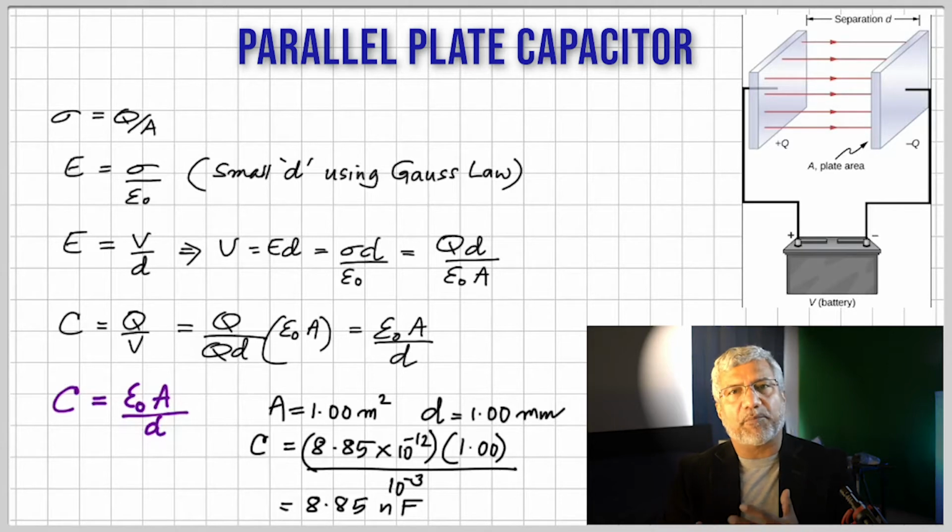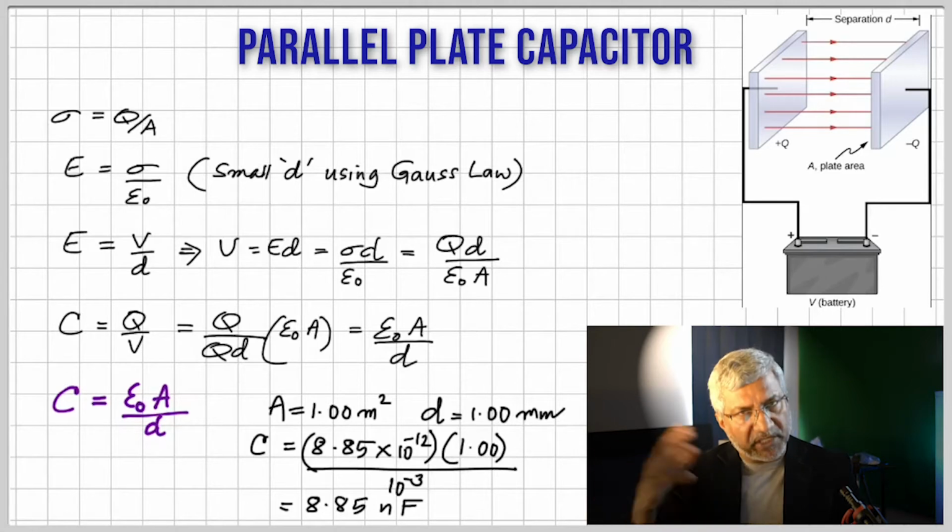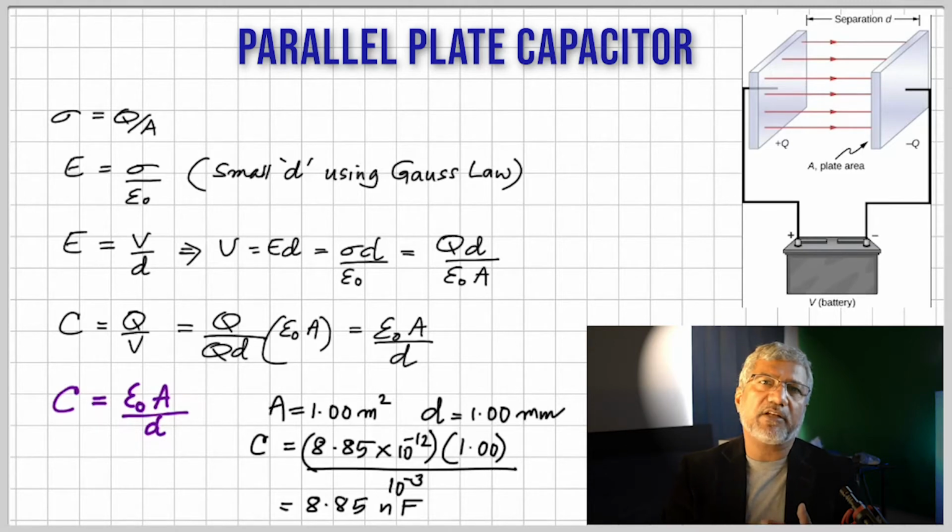So practically, capacitances are small. Although there are capacitors that have capacitance of like 1 or 2 farads used with air conditioners and bigger motors and so on, usually the capacitances are small, measured in nano, pico, and microfarad.